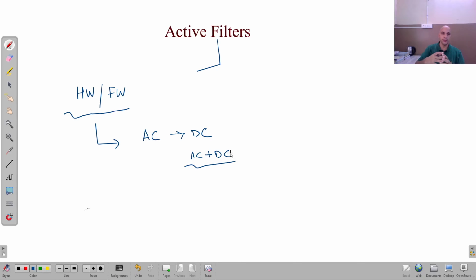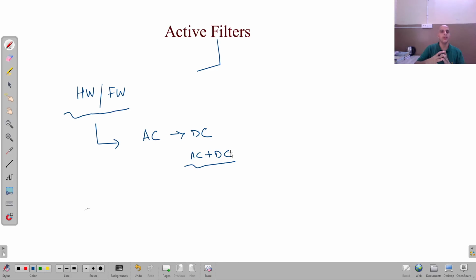In both the cases, whether it is half wave rectifier or full wave rectifier, in full wave rectifier also, whether it is a center-tapped full wave rectifier or a bridge rectifier, right? We never get exact DC output. The output that we got contains ripples. Ripples means undesirable frequencies, and for removing them we require a filter.